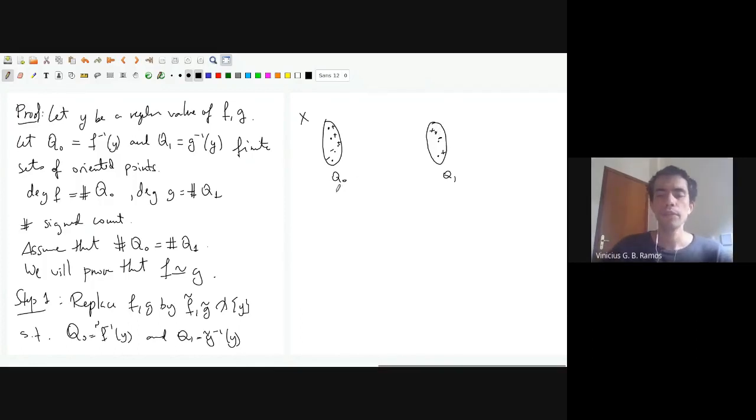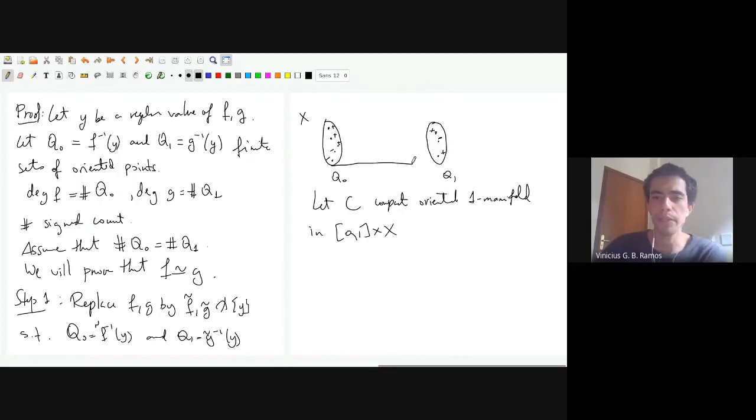Okay. So what I'm going to do now is I'm going to choose a compact oriented one manifold in the product [0, 1] times X. So here's the product.